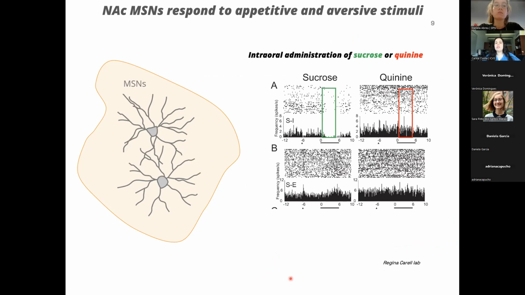And very classical electrophysiological studies have been focusing on understanding the role of medium spiny neurons in the nucleus accumbens in response to both appetitive and aversive stimuli.